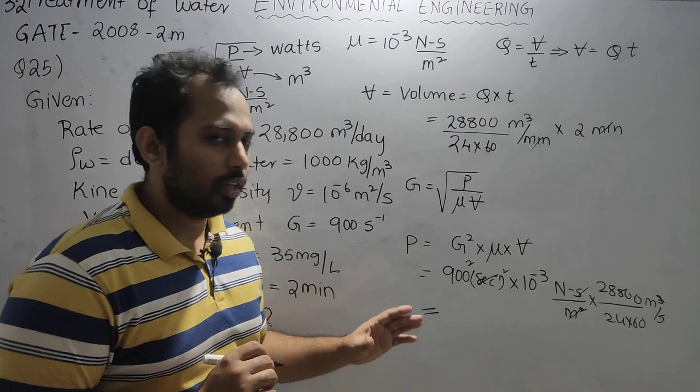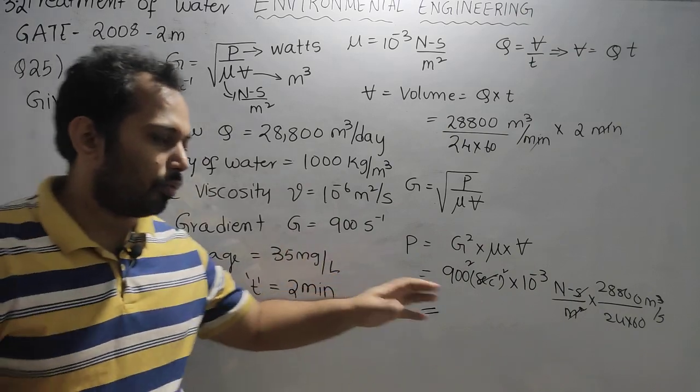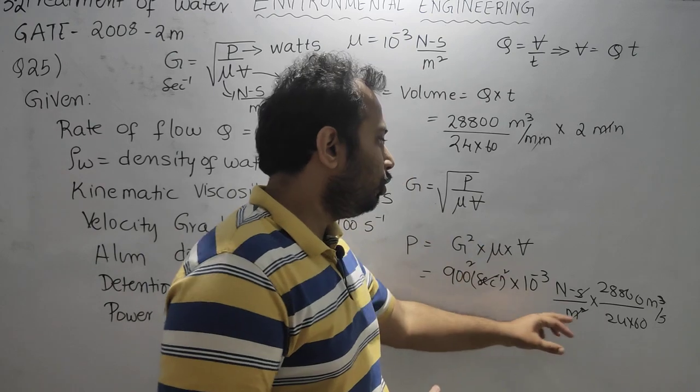If you look at the options in this question, everybody will get the answer as 32.4 or 324 or 32400, but everybody will do some mistake in the conversion of the units. That is why I always stress on the units also.